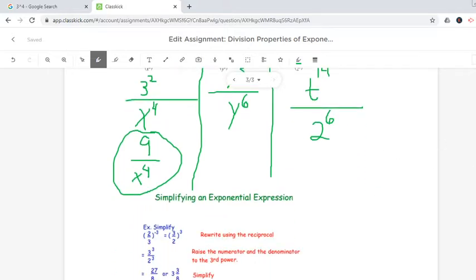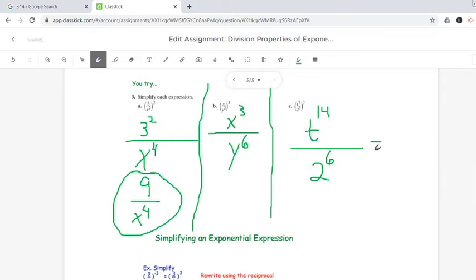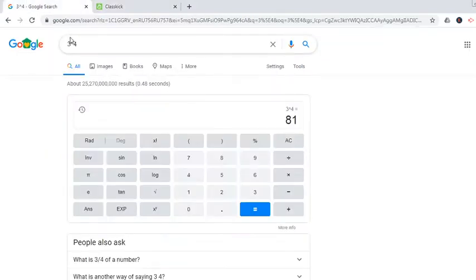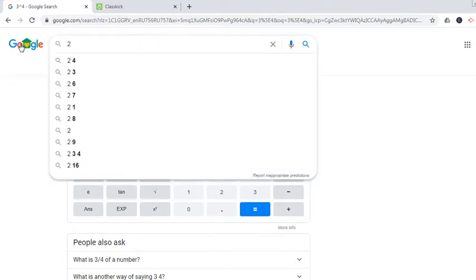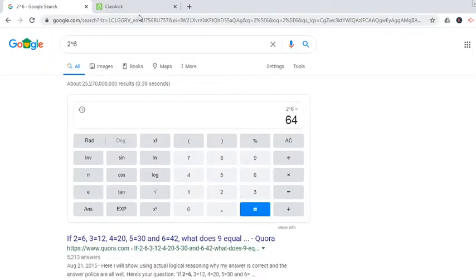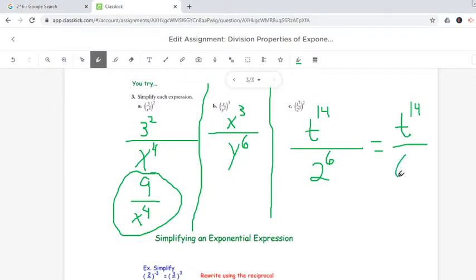And then we can simplify this further. So that's t to the 14th, and then 2 to the 6th, 64. All right.